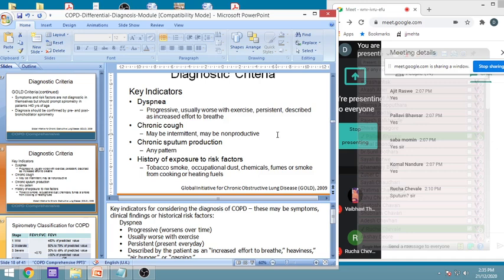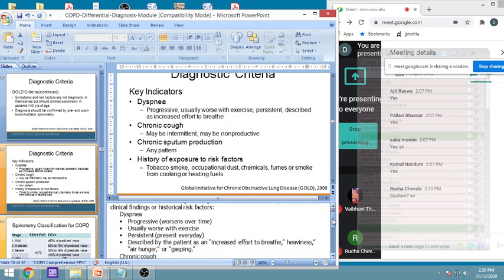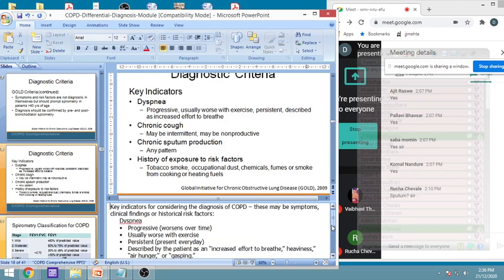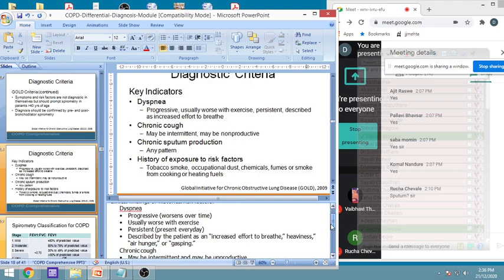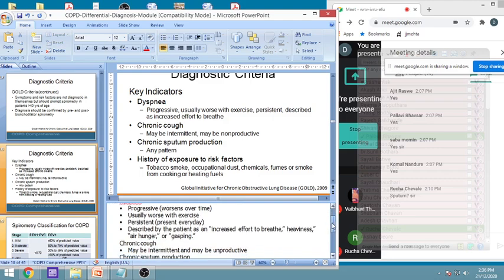We can check the dyspnea, whether dyspnea is progressive, it is worsening with time, more and more difficulty one is getting. Then whether this dyspnea is more with exercise. Now similar dyspnea is there in cardiovascular disease also. Therefore we have seen that these are the factors which are non-pulmonary.